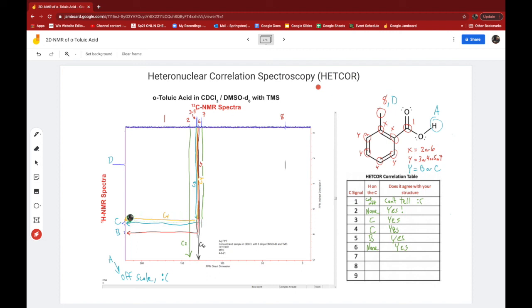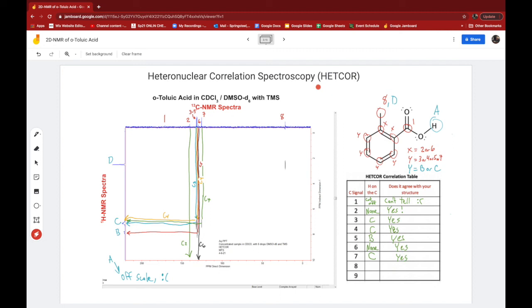So C7. It's getting a little too busy here. I guess I could do it again though, huh? There we go, it's going to C. All right, so let's put that in our table and see if that works out. C7 goes to hydrogen C. Does that agree? 7 is one of the Y's and C is one of the Y's, so yes. Looks good.